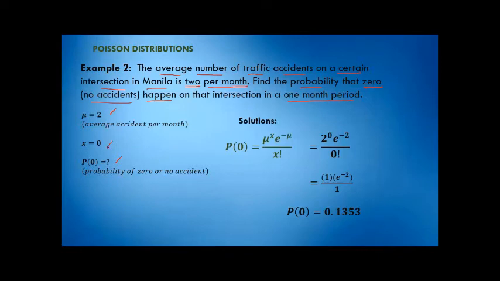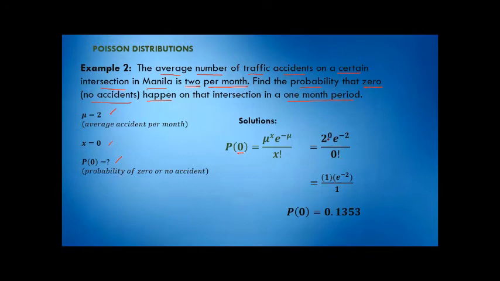So, dalawa lang kailangan nating parameters. So, substitute natin. Alam natin this is x. Substitute natin ng 0. Okay? And then, ito ay mu raised to x, which is 0, times constant e raised to negative mu, which is 2, all over x factorial. So, ang x natin is 0, kaya 0 factorial.